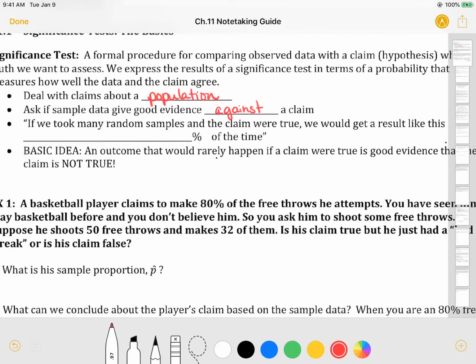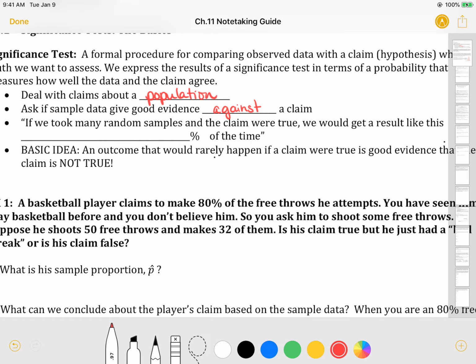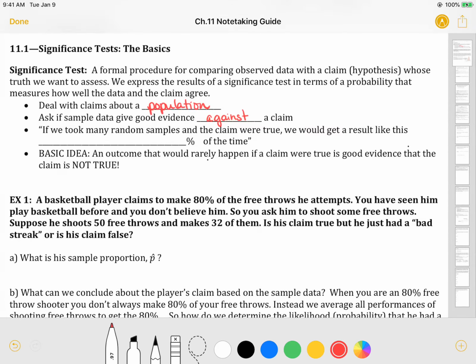And then also it says if we took many random samples and the claim were true, we would get a result like this. Now we're going to go back to chapter 10, our confidence level, or C percent, C percent of the time, okay?